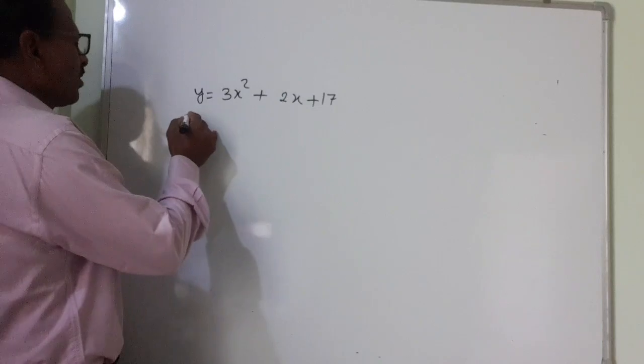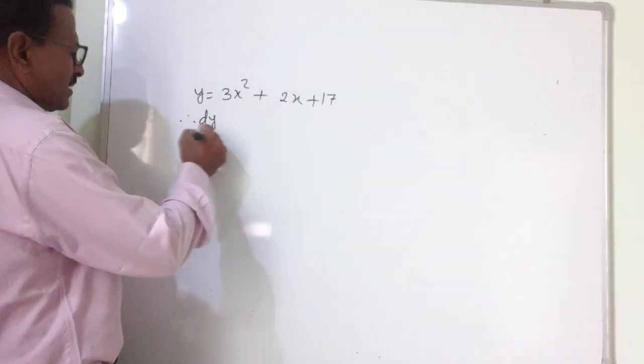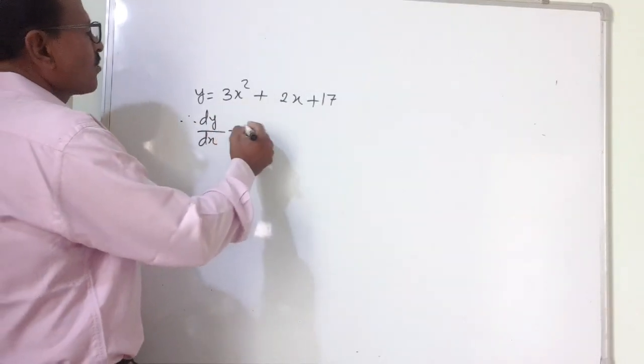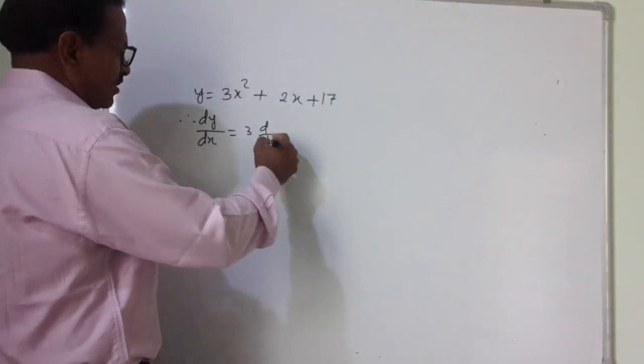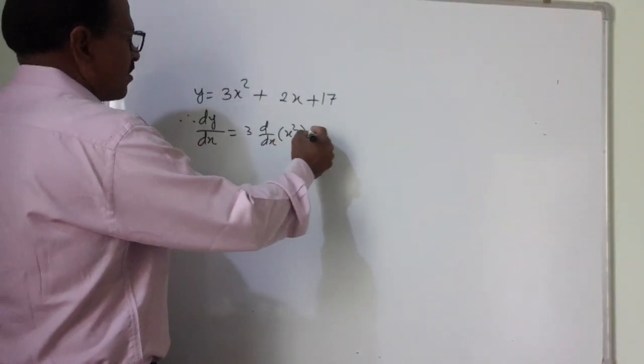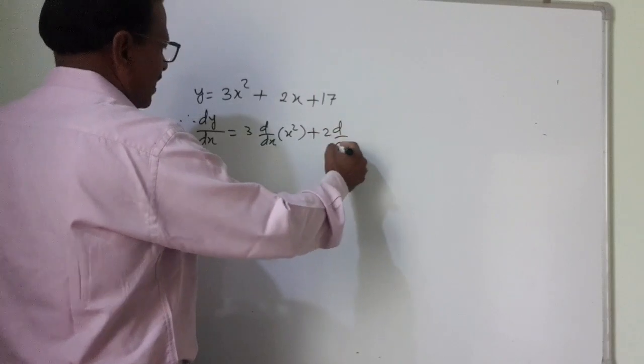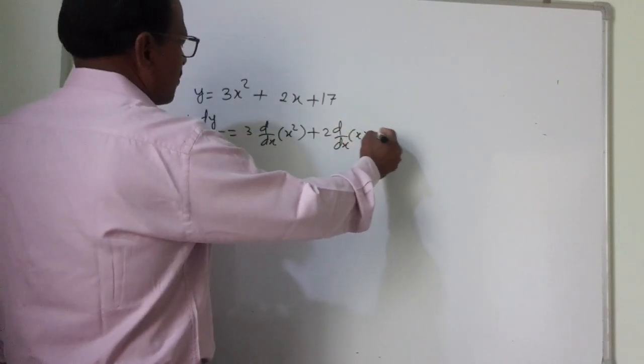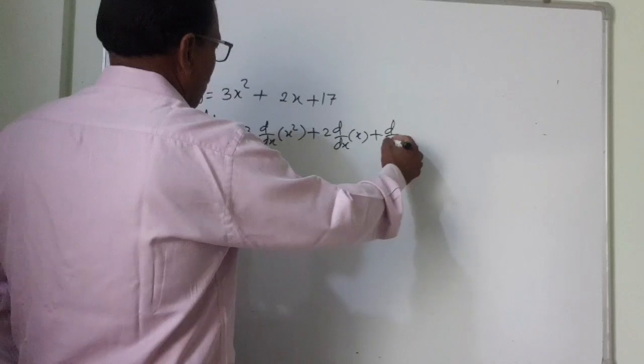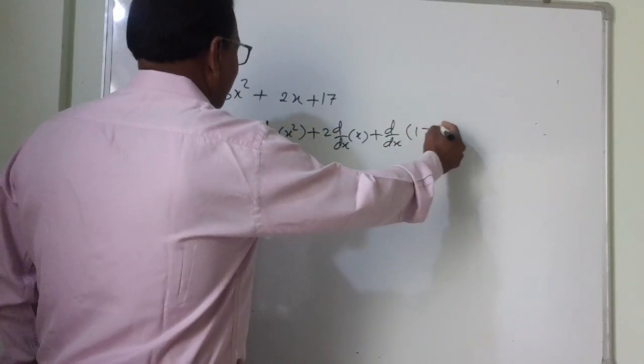I want to take the derivative, therefore dy by dx is equal to 3 into d by dx of x square plus 2 into d by dx of x plus d by dx of 17.